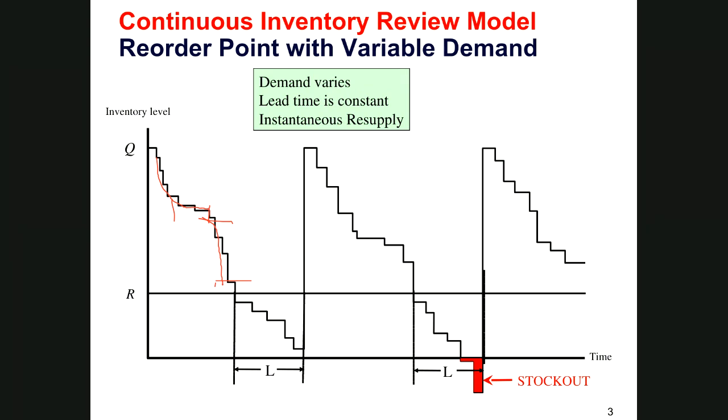And so we roll along, and in the first period, we reach our reorder point. We place our order, and then in that fixed lead time, we get our resupply at this point. And in fact, we have inventory that's actually remaining at this point in time. But in the next cycle, when we place our order when we reach our reorder point, in this case, we actually have demand that we cannot fill, and this is called a stockout.